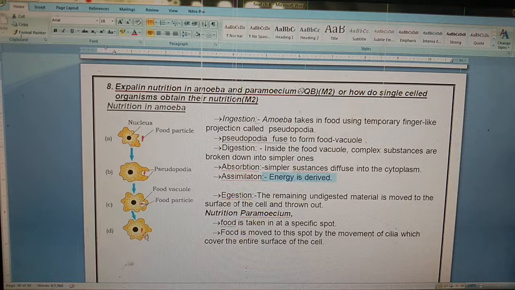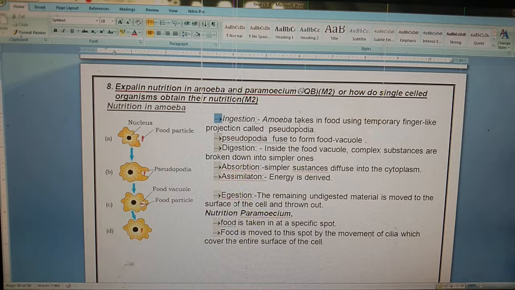Egestion: whatever waste is produced after this process is thrown out. The remaining undigested material is removed to the surface of the cell and thrown out. So this waste material is thrown out through the cell membrane. So this is the heterotrophic mode of nutrition in the amoeba. In paramecium, only the process of ingestion is different.